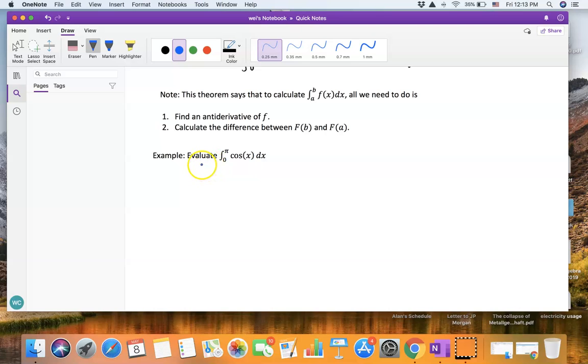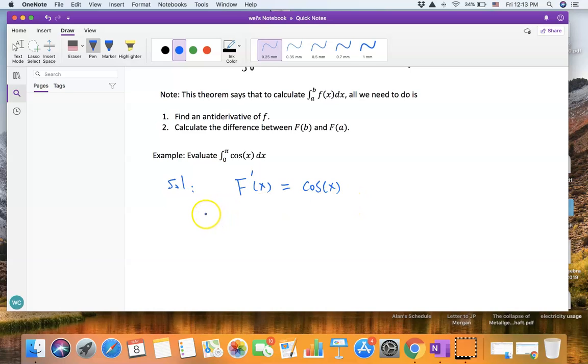So here we are asked to evaluate the integral from 0 to pi of cosine x dx. First, we need to know what function is an antiderivative of cosine x. In other words, which function capital F, when I take the derivative of that function, the derivative is cosine x.